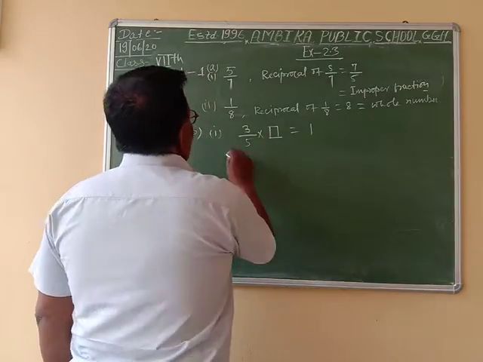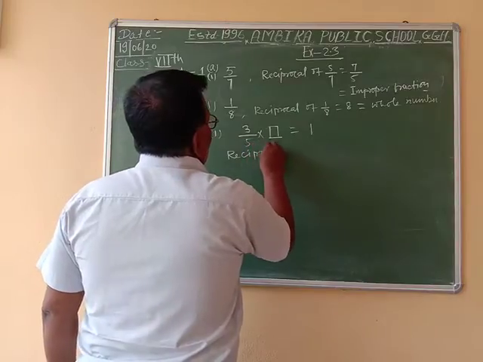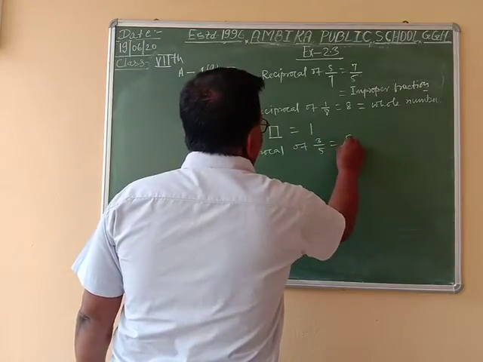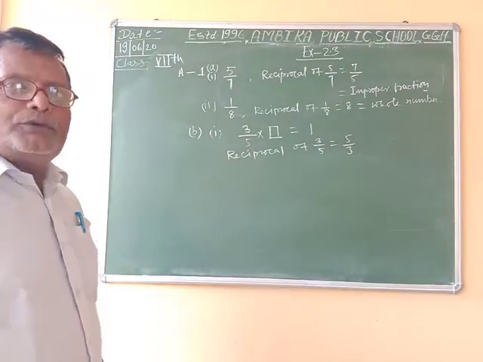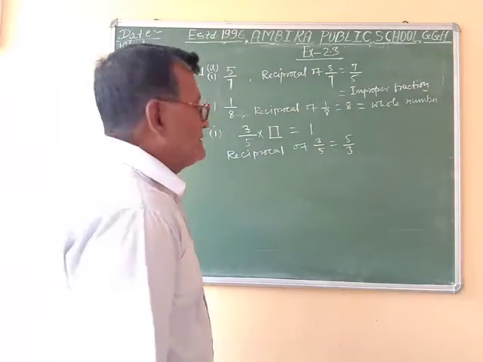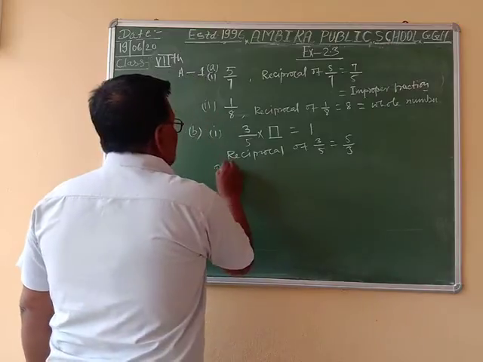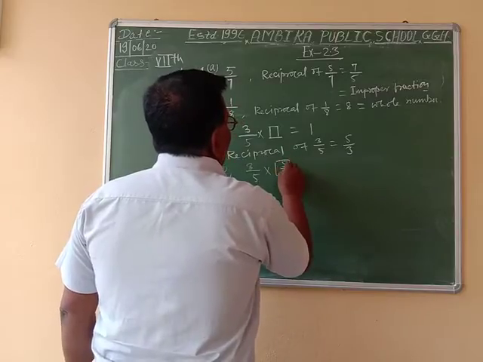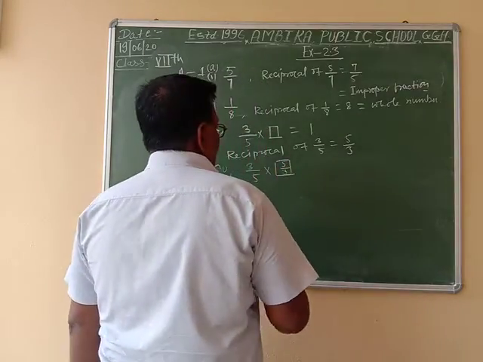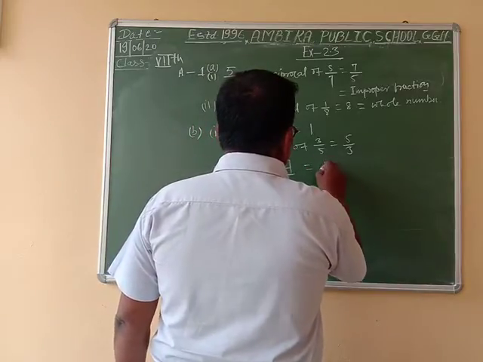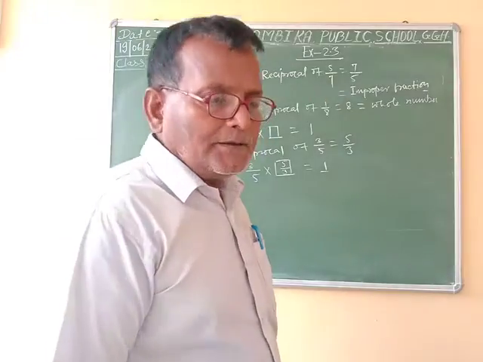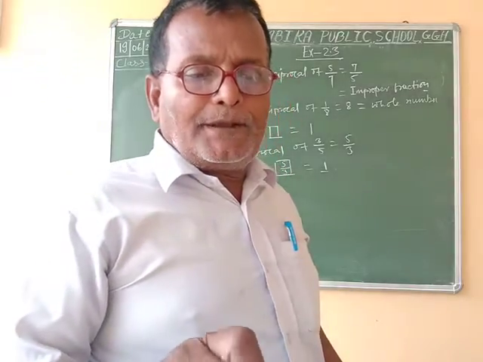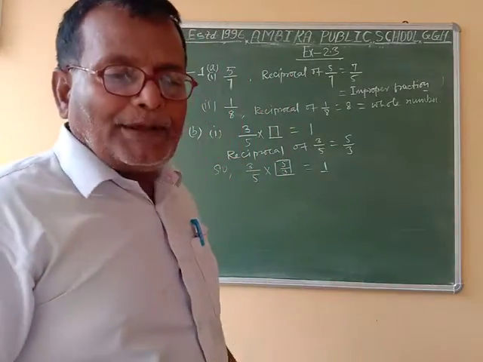We know that the reciprocal of 3 by 5 is equal to 5 by 3. So if we put 5 by 3 in the bracket, 3 by 5 into 5 by 3 is equal to 1. So it is appropriate. In part B, the answer will be 5 by 3.